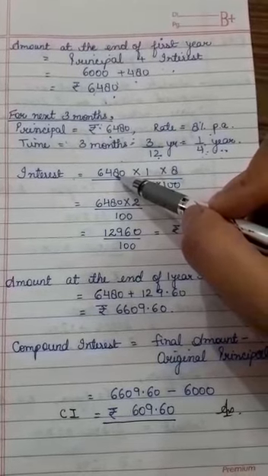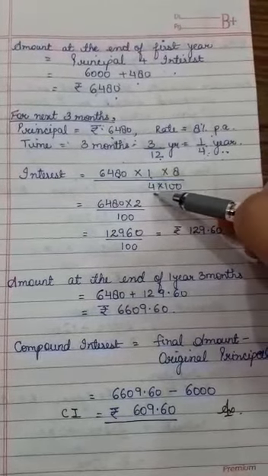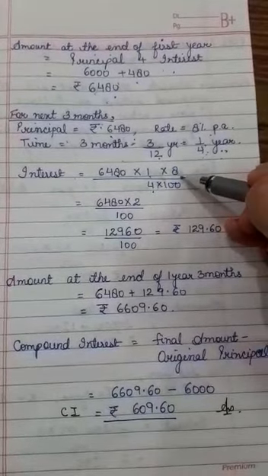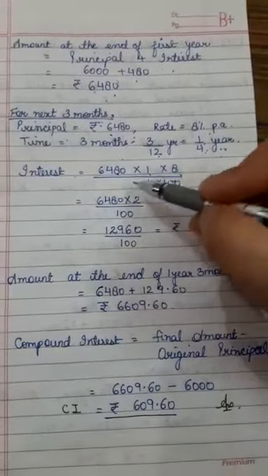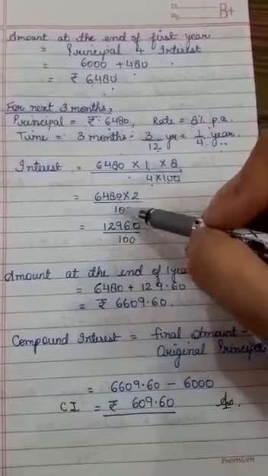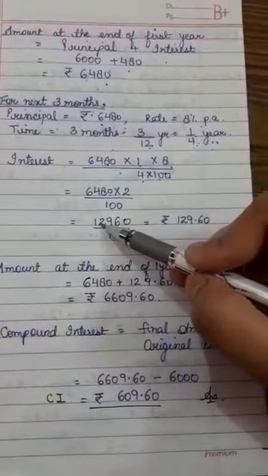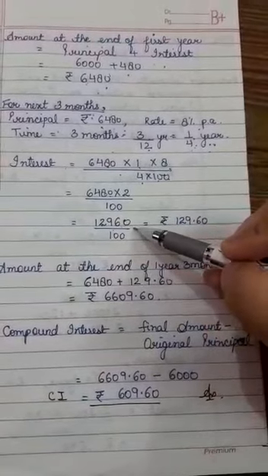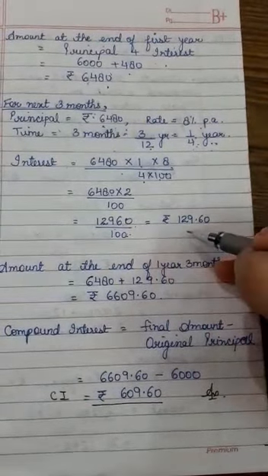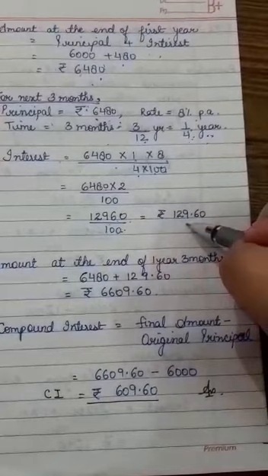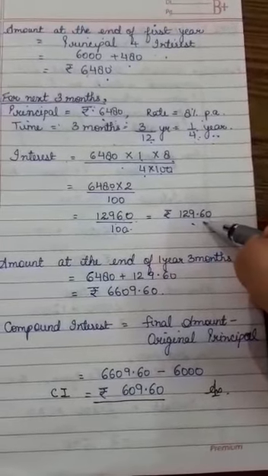Principal is 6480, time is 1 upon 4 and rate is 8 divided by 100. After solving, we will get the answer as 12,960 divided by 100, converted into rupees 129 and 60 paise.